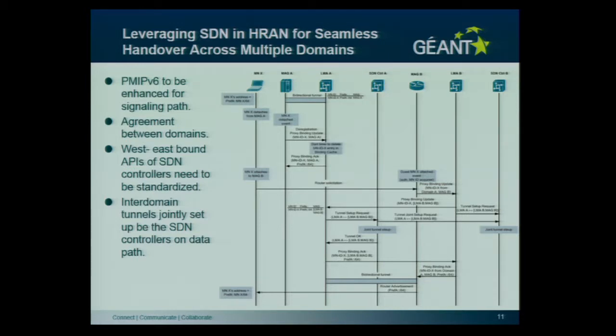And then the anchor B needs to tell its controller to set up an interdomain tunnel, and then it's controller A and controller B's job to jointly establish an interdomain tunnel for the traffic.